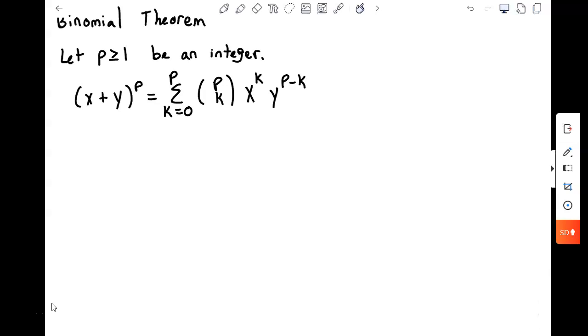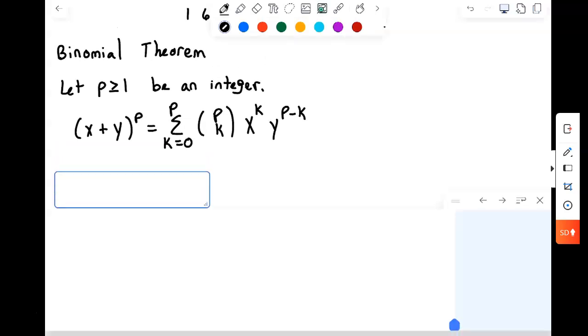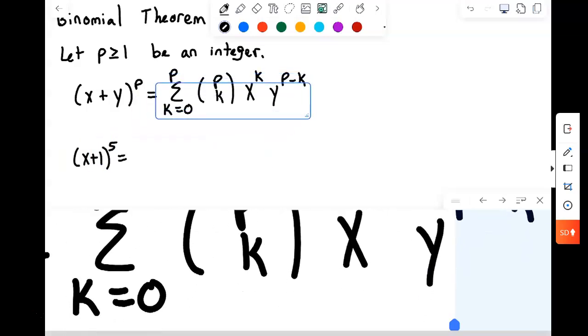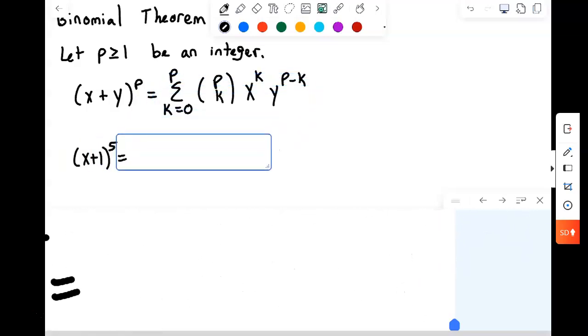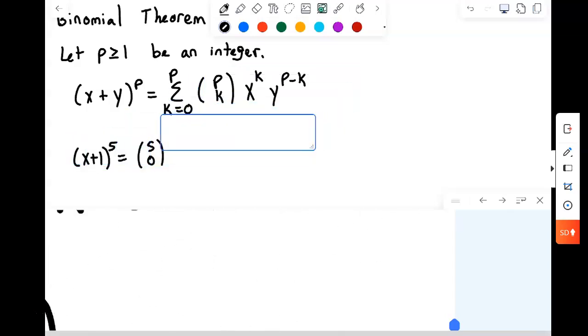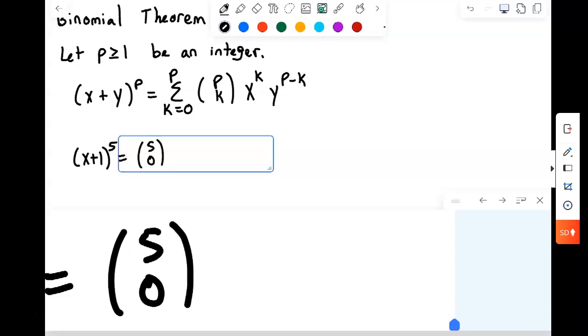Let's actually use it to expand a particular binomial. So for example, let's do x plus 1 raised to the 5th power. Using the formula, k equals 0 would be 5 choose 0, x to the 0, 1 to the 5th.